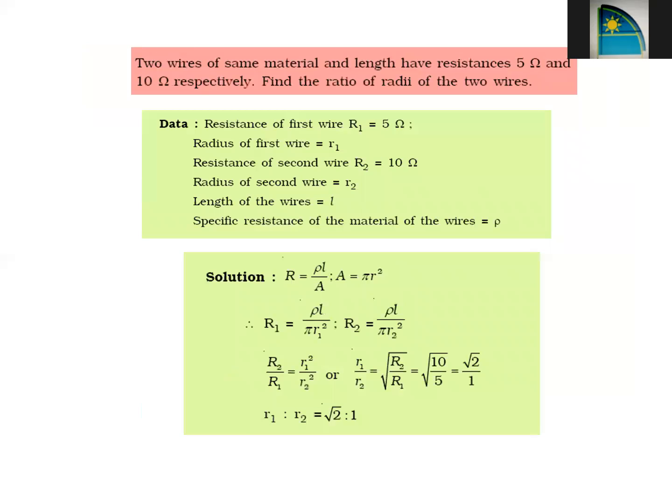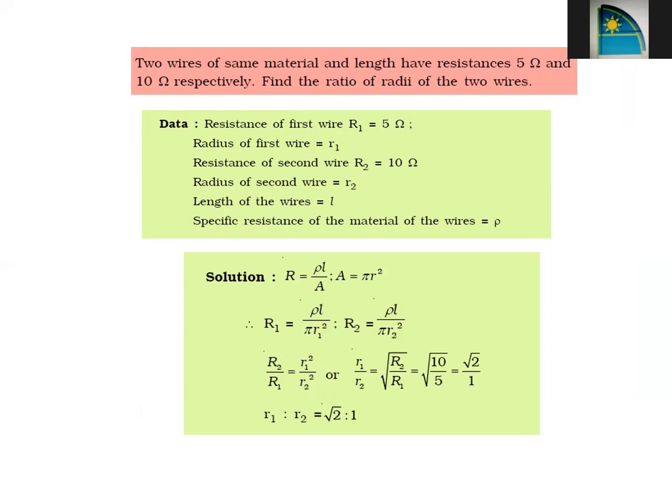Next, this type of questions, we have already come across in, I think, in the lower classes. So whenever we are having a comparison type of question, what we should do is we'll write the formula. Like here we are given two wires which have same material and same length. Material means rho of the wire, which is known as resistivity of the wire, that is same, and length of both the wires is same. But resistance is different, and we have to calculate the ratio of the radii.